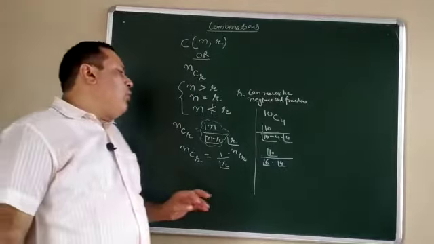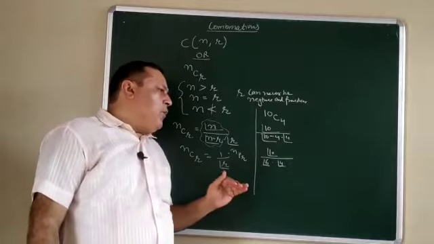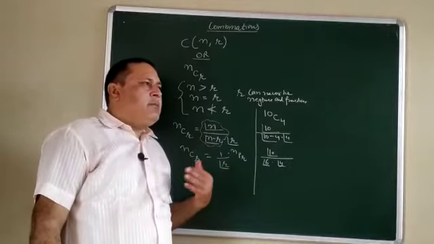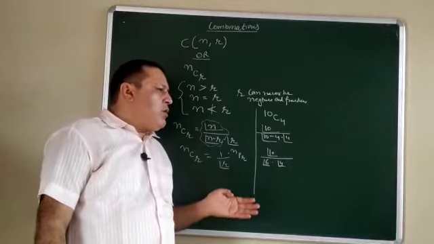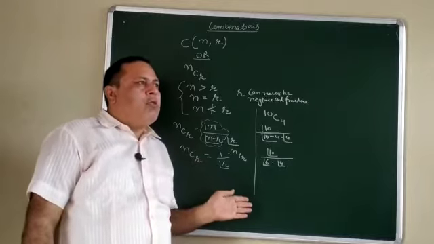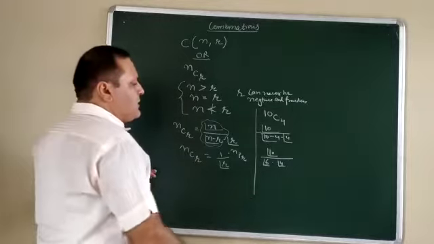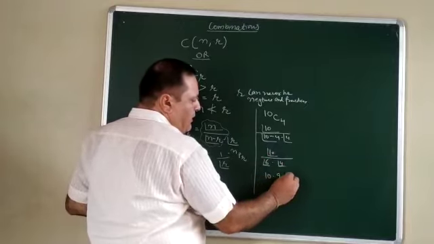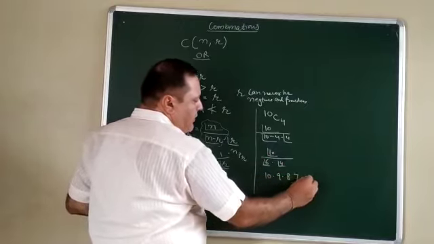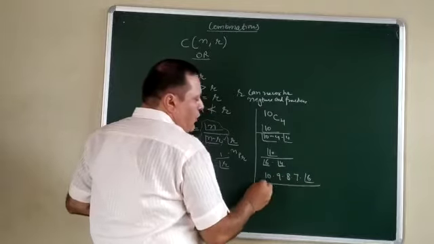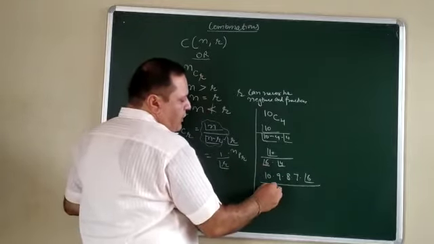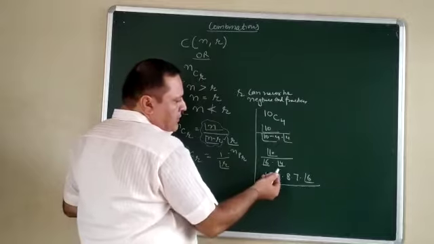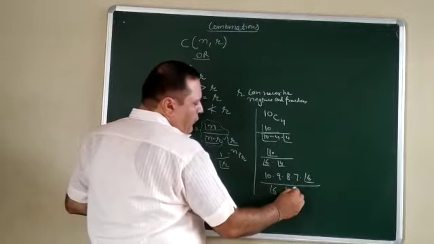If we want to open a factorial, we can open it up to any limit. It depends upon us whether we want to stop on the way. See this 10 factorial: 10, 9, 8, 7, 6. I stop here because 6 factorial is available here and it will get cancelled. Only need to open 4 factorial.